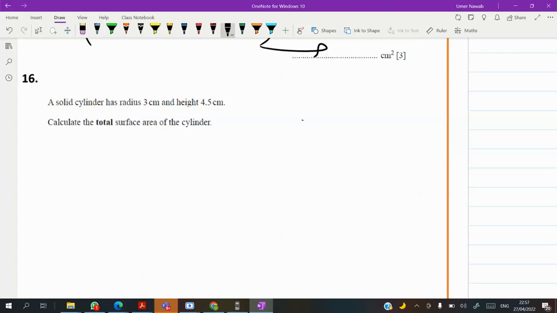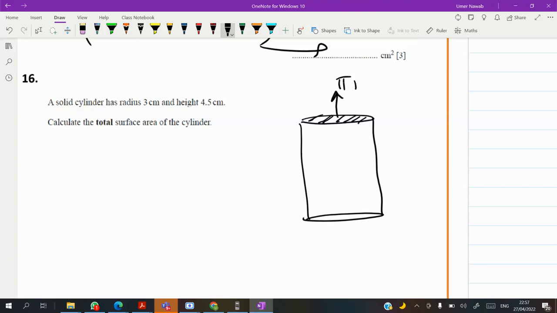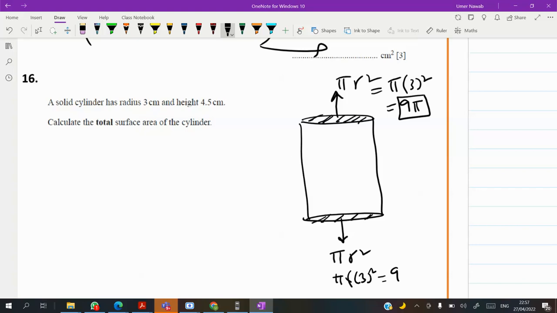Solid cylinder. Guys, solid cylinder means you have to include the top, which is pi r squared. You have to include the bottom, which is pi r squared. So pi, radius is 3 squared. So 9 pi has to be considered. And here pi times 3 squared. So 9 pi has to be considered. What about the curved part?